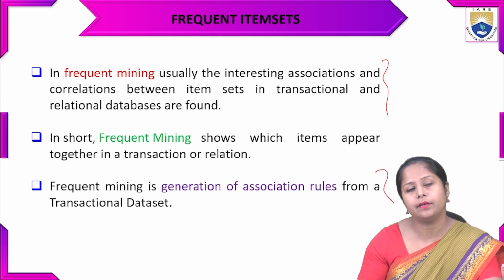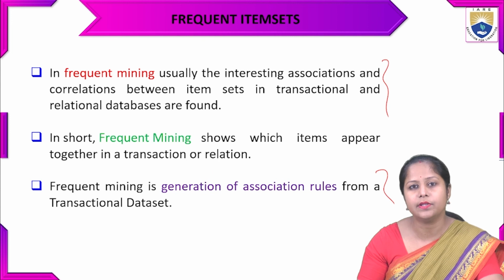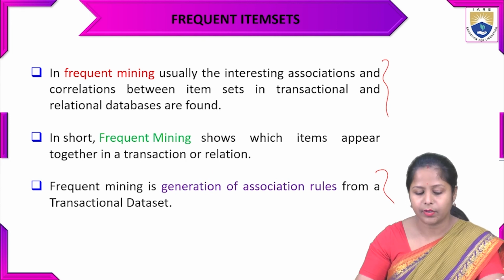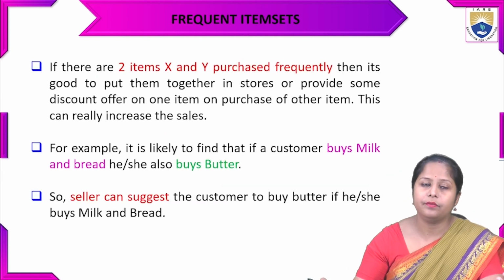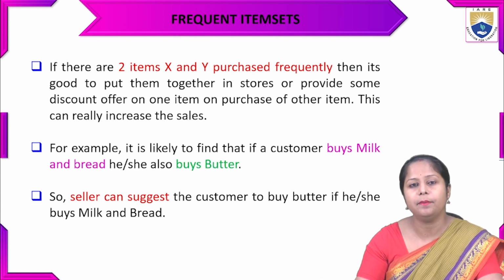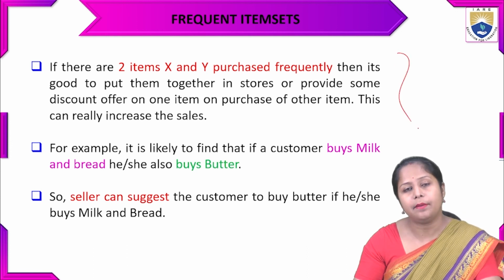So we are going to generate such frequent rules, the association rules for data mining, for that transactional data set. If there are two items X and Y that are purchased together frequently, then it's good to put them together.